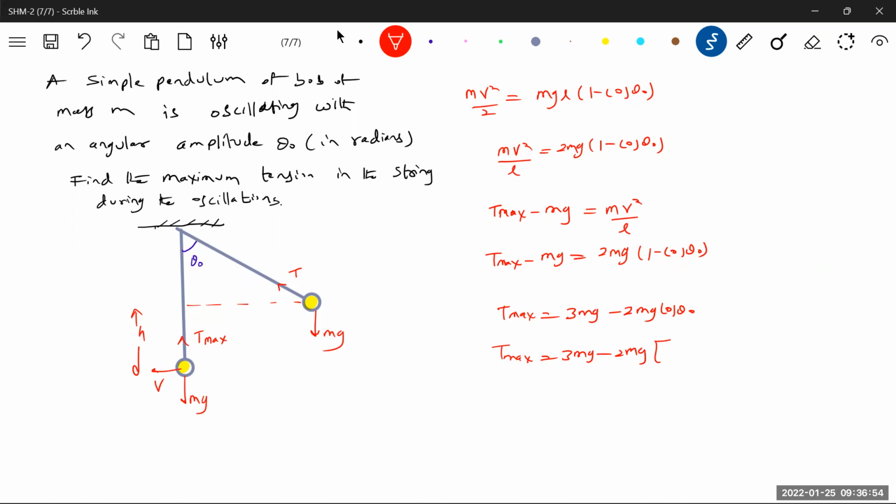Cos theta naught, I can expand it as 1 minus theta naught square by 2, and the higher terms we neglect. So this will become 3 mg minus 2 mg, plus mg theta naught square.